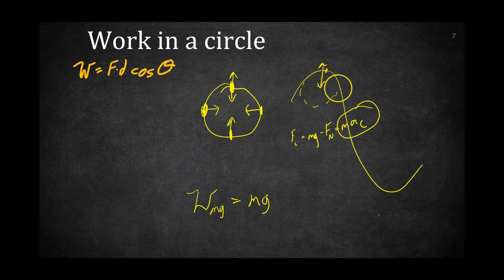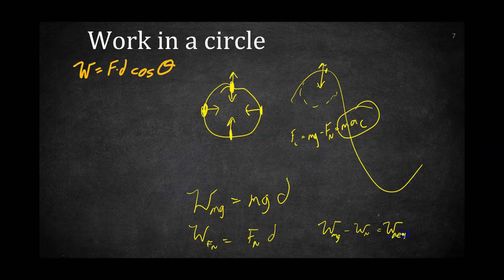So there is gravity doing work. We can usually simplify this and just say the work done by the normal force is going to be whatever that normal force equals times our displacement. So our total work would be the work done by the weight force minus the work done by the normal force.